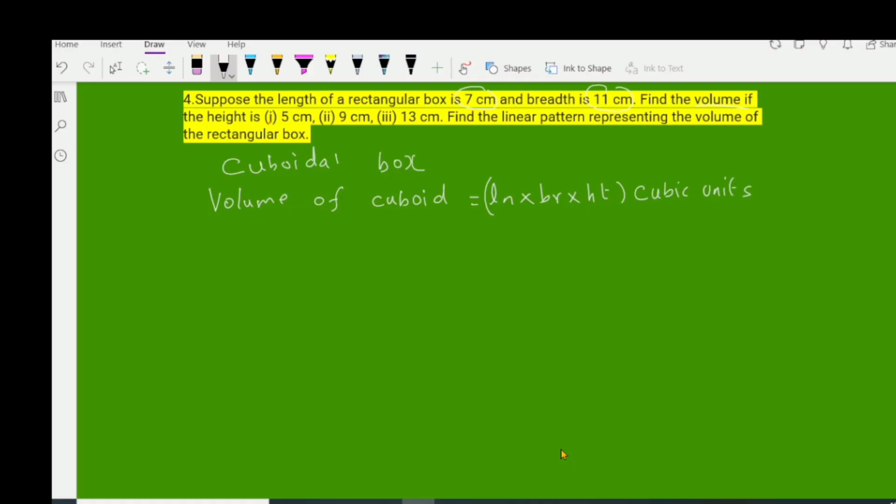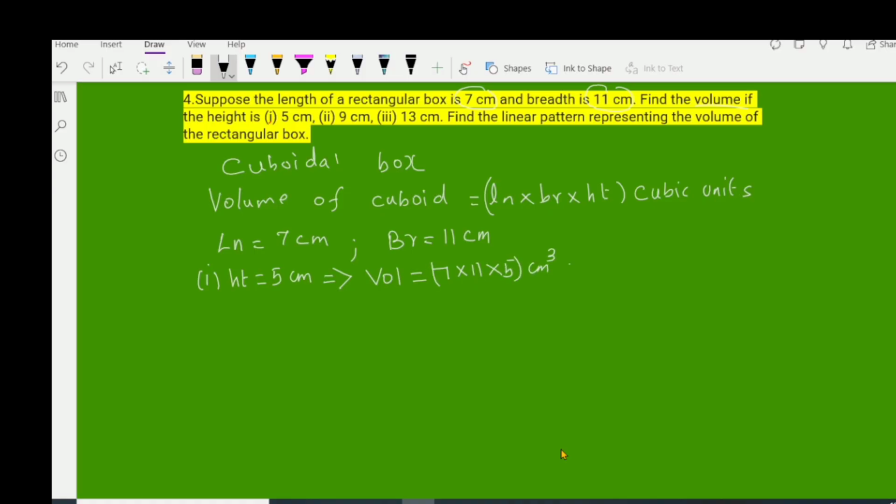So here 2 units are fixed. What are the 2 units? Length of the rectangular box, nothing but 7 centimeter, and breadth of the rectangular box, nothing but 11 centimeter. Height differs, so you will be getting different volume. If suppose 5 centimeter as height, you will be getting volume of the rectangular box nothing but 7 into 11 into 5, length into breadth into height.